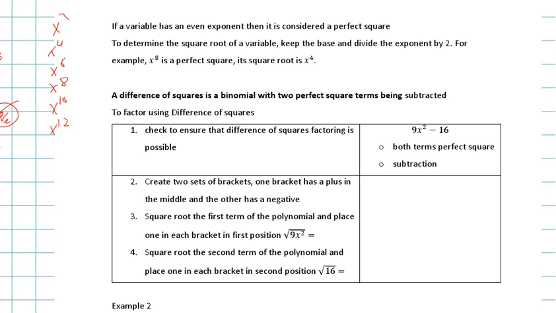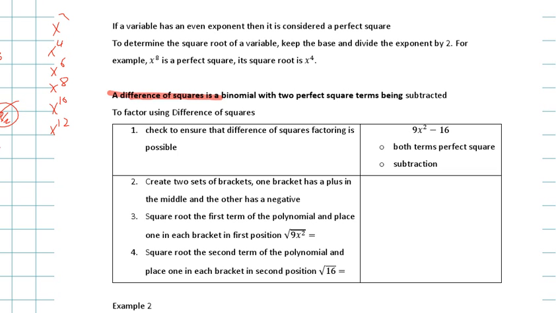Must have 2 squared terms. What does the word difference mean? Add or subtract. Subtract. So you must have 2 squared terms with a minus in between them. If you don't have that, it's not a difference of squares. Okay? So I'm going to highlight the word. The difference of squares is a binomial.